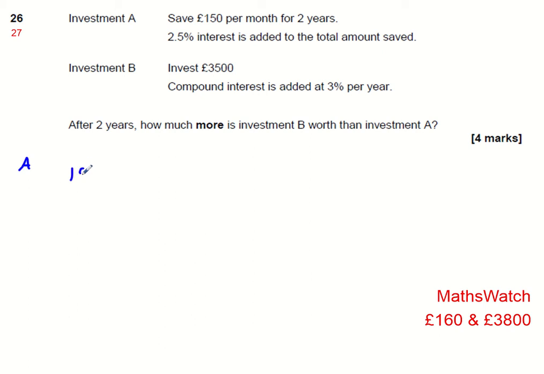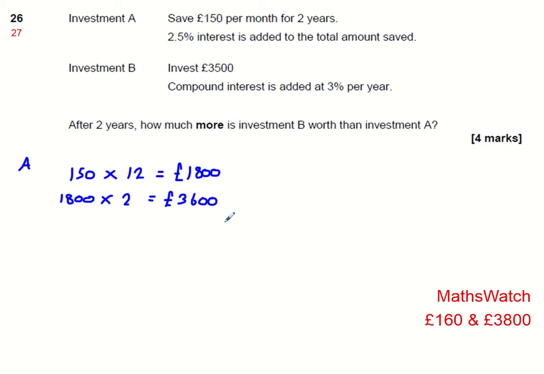So we're saving £150 every month for 1 year. There are 12 months in a year, which means in 1 year we will save £1,800.